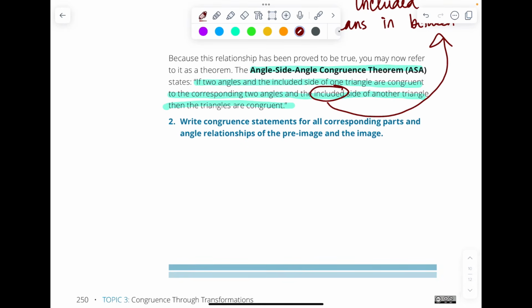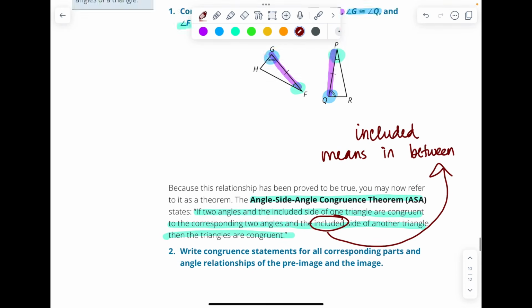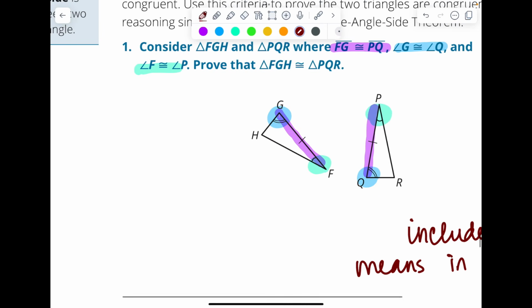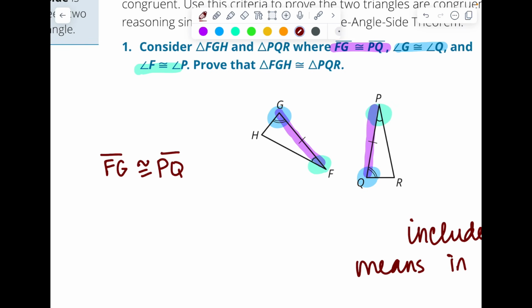Write the congruence table for all corresponding parts and angles. I'm going to do that up here so I don't have to keep scrolling back and forth. So we already know that FG is congruent to PQ. I'm just copying from the given information. And then GH is congruent to QR, and then HF is congruent to RP.